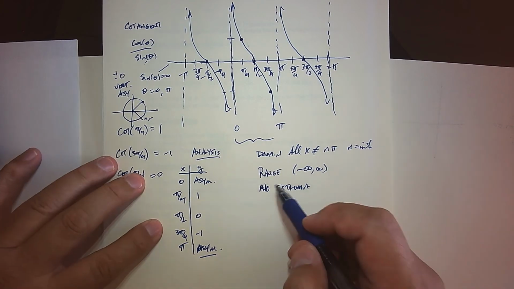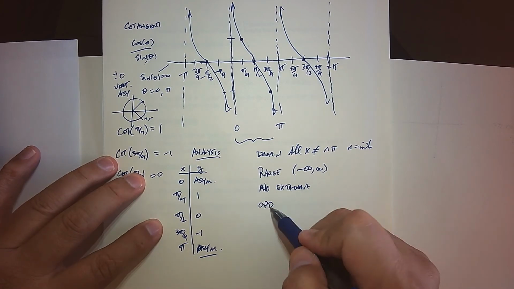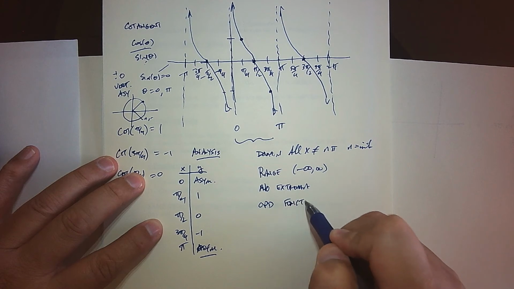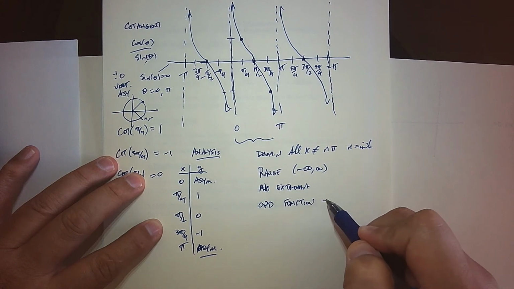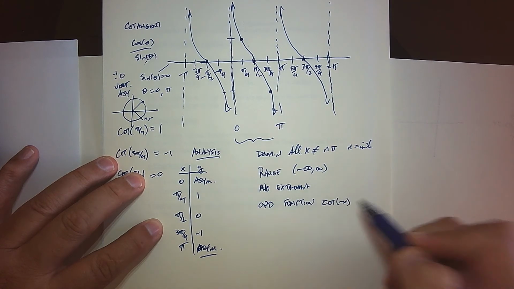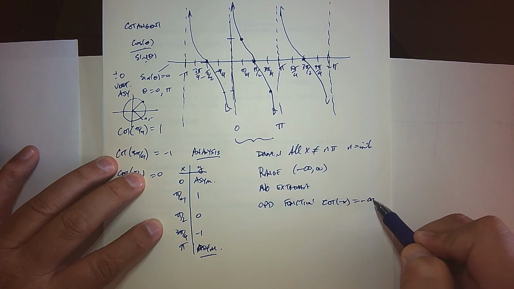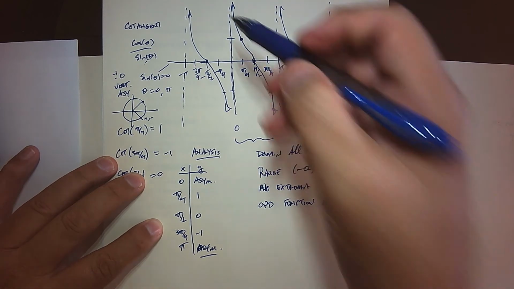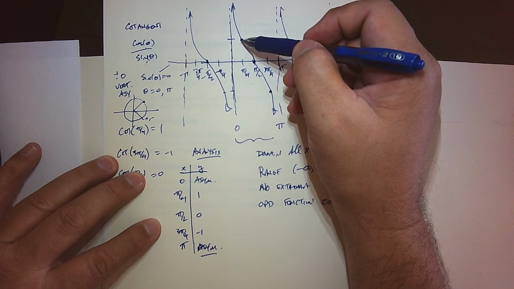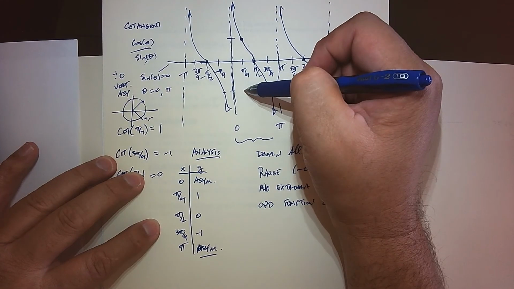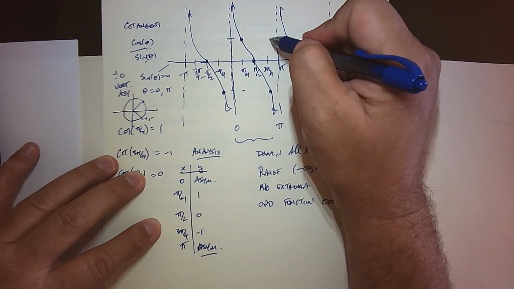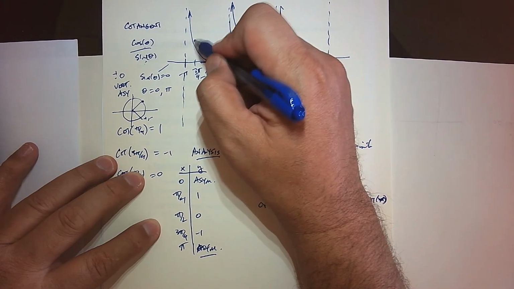And it's kind of hard to see, and I'll point it out to you, but this is actually an odd function. Which means that if we took the cotangent of negative x, that would be the same thing as the negative cotangent of x. And again, if we just did a double flip, so we flip this down and flip this over, we're right here. If we flip this up and flip it over, we're right there.